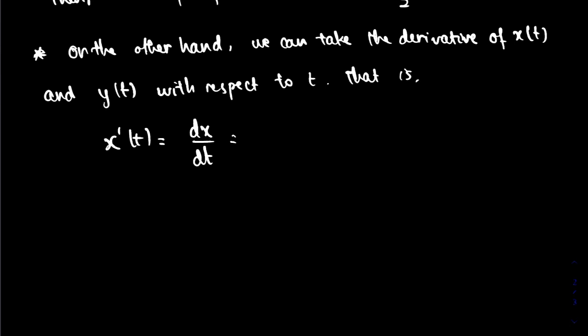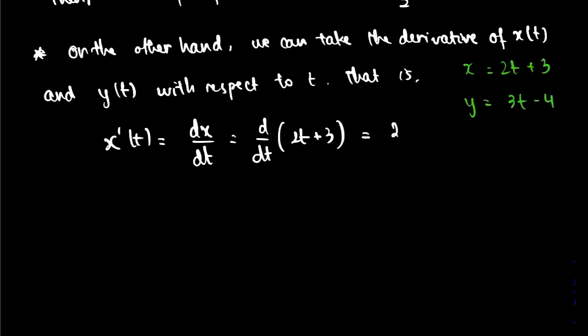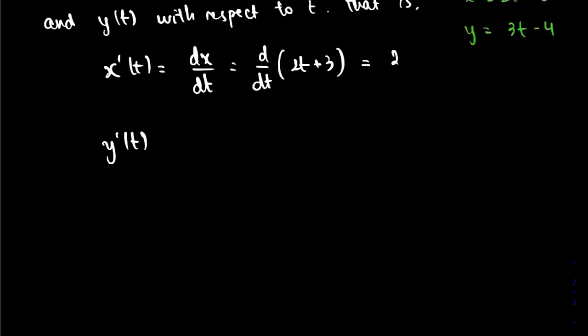Let me write down the equations here on the side so we have something to look at: x equal to 2t plus 3, y equal to 3t minus 4. Now for x, I'm going to take the derivative of 2t plus 3 with respect to t. This gives me 2. And y prime of t, or dy/dt, is equal to d/dt of 3t minus 4, which is equal to 3.